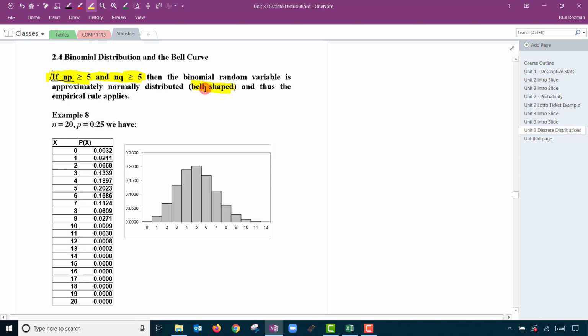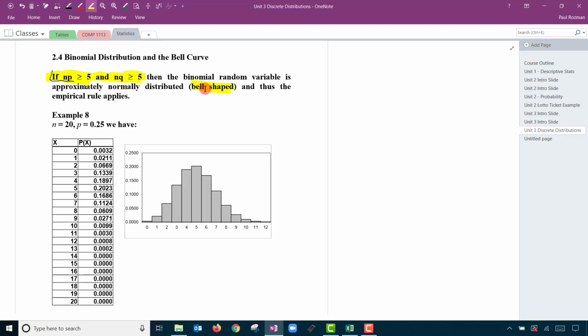We need to satisfy both conditions. 5 is sort of a magical number. I'm guessing that we've plotted thousands of these with varying n's and p's and found that 5 tended to be a pretty good cutoff between when they looked like a bell curve and when they didn't.